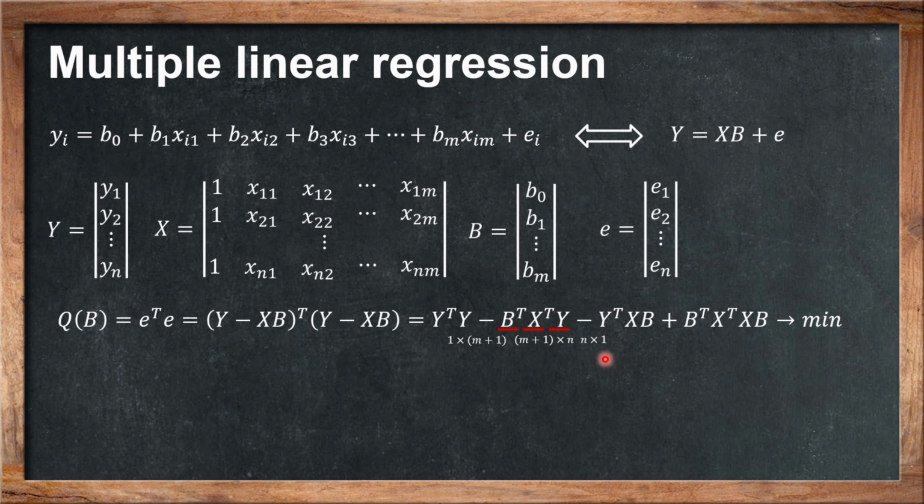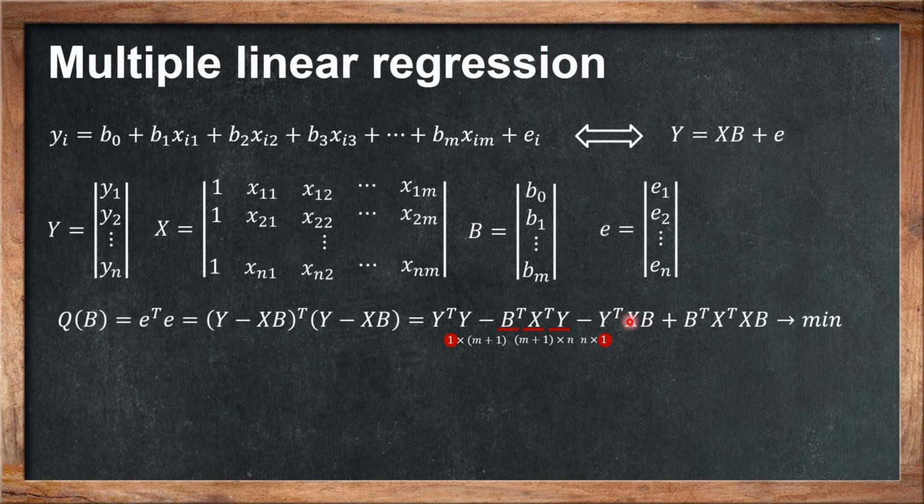Now it can be seen that the output matrix, if we multiply these three, will be of size 1 by 1, since the size of the product is defined by the outer dimensions of the matrices being multiplied. So we came to the conclusion that this would be just one number.